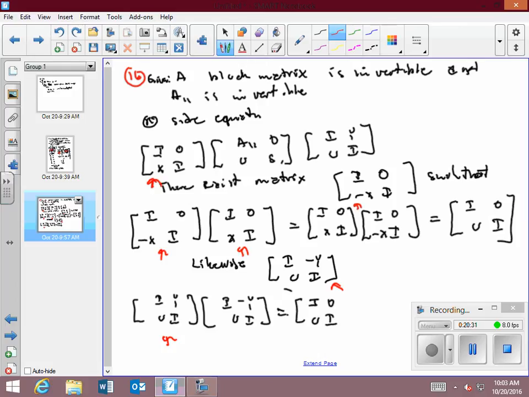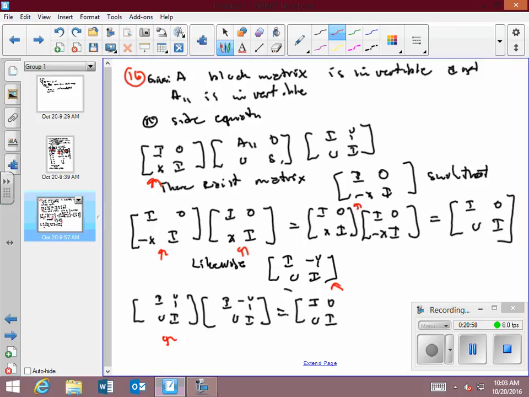I wanted just to show that. And both of those matrices are square, and therefore I, 0, X, I and I, Y, 0, I are both invertible.